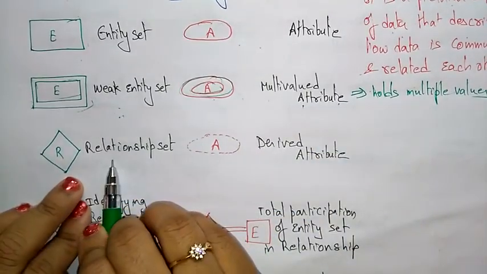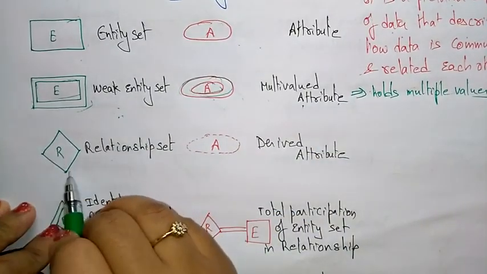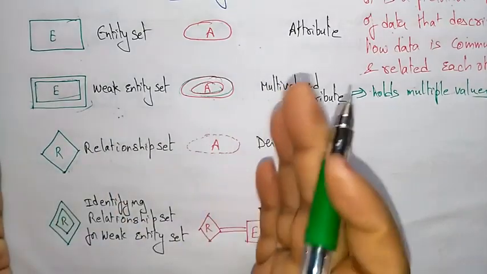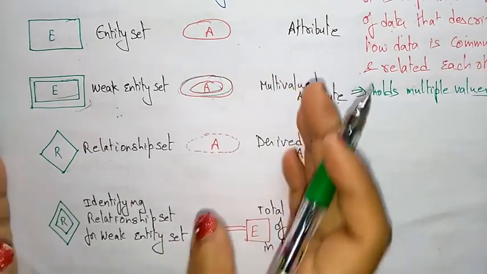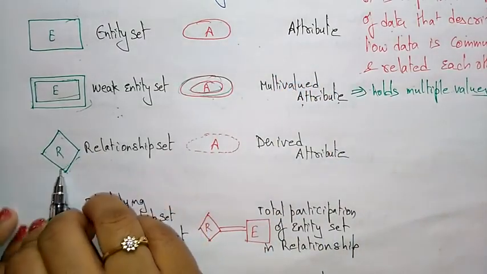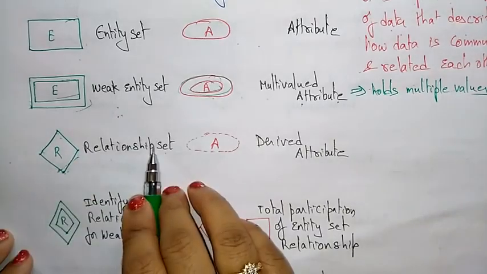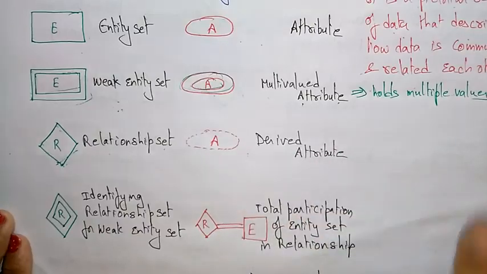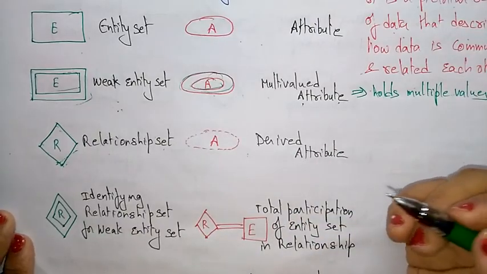And this is the relationship set. If you want to represent a relationship between two entities, in between the two entities you have to write this symbol. It explains the relationship between the two entities. And this is a derived attribute, which is derived from another attribute.